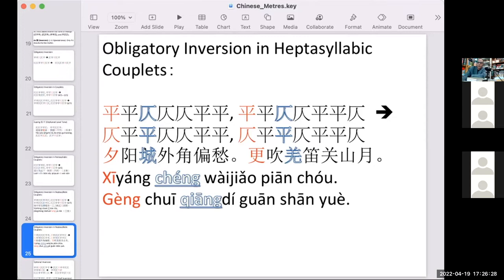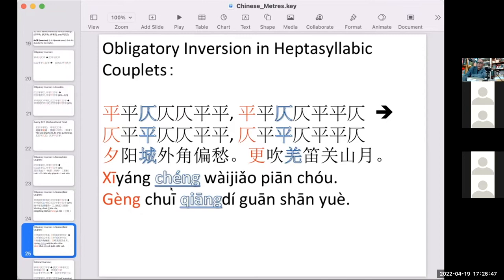But again, these are the rules, and we can see that the first one has not exactly changed. But what has changed is the third, chong. This is exactly ping.